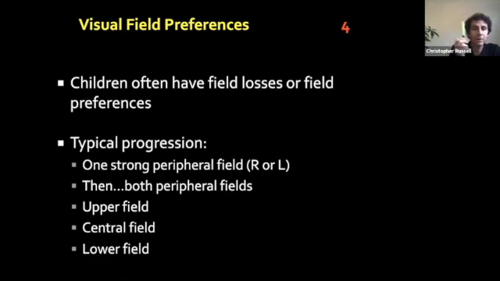So in early childhood, the child had more experience on the right side and developed that preference. CVI is all about experience and exposure, right? So a strong right preference, or left, and then as the child progresses, right and left, and then upper, and then central, or fixation, and then finally lower field.